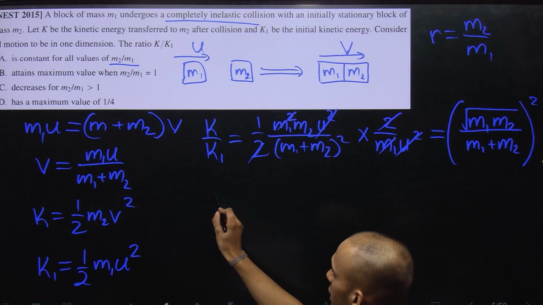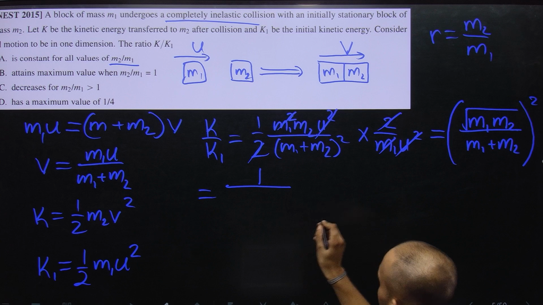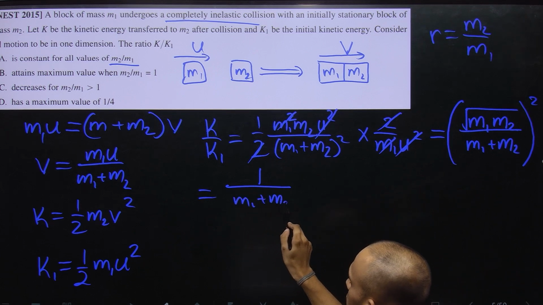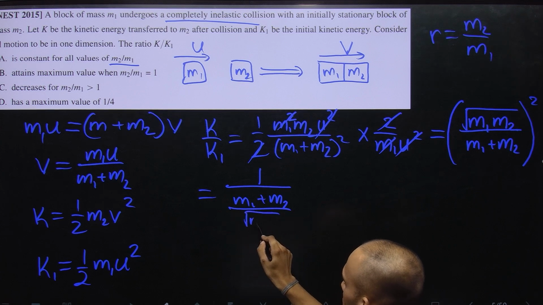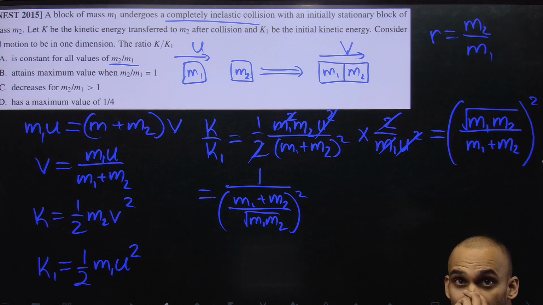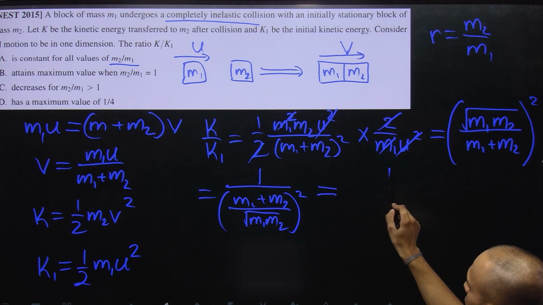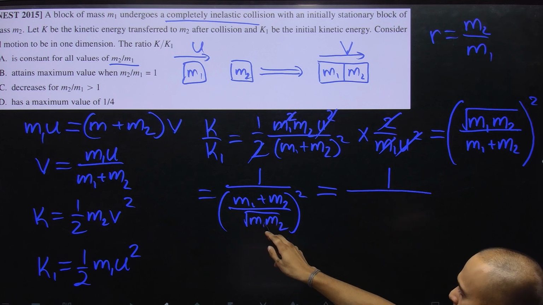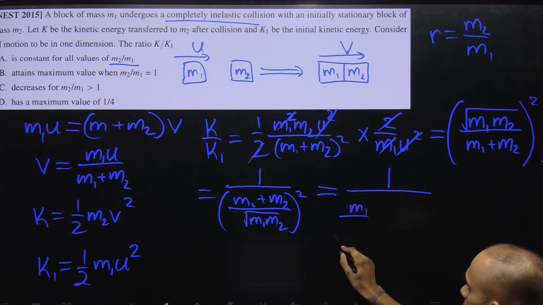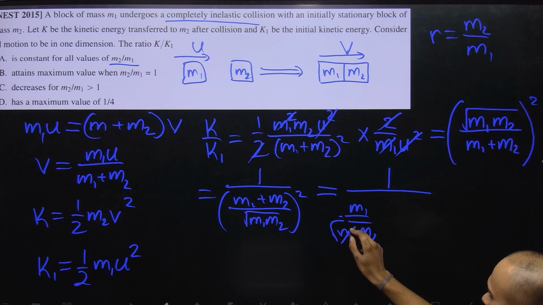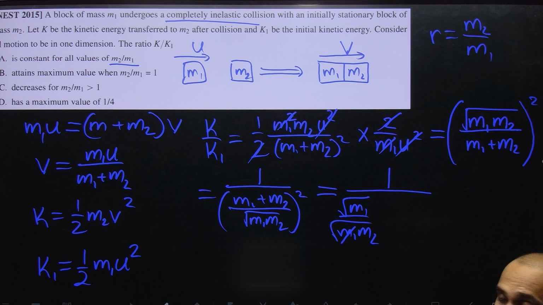So the ratio we can now split as 1 upon m1 plus m2 upon square root of m1 into m2, the whole square. Now if we split the denominator over here, m1 will get cancelled and we'll have a root m1 in the numerator.